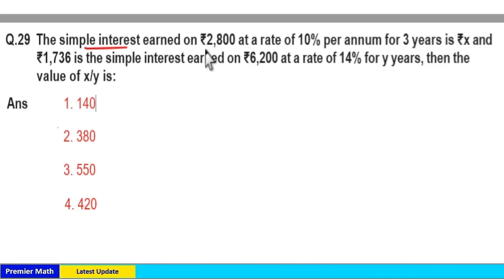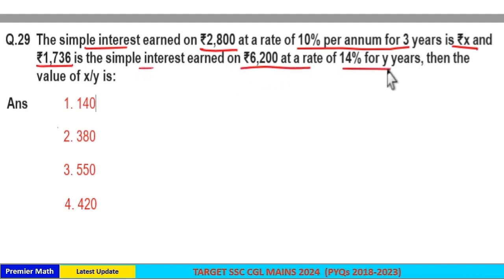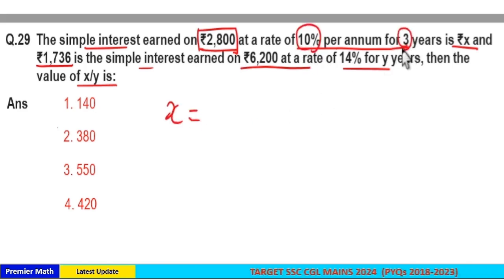The simple interest on rupees 2,800 at a rate of 10% per annum for 3 years is rupees x. Then 1,736 is the simple interest on rupees 6,200 at a rate of 14% for y years. Then the value of x by y is. Here x is the simple interest on principal 2,800. So x is equal to, for 1 year rate is 10%, and for 3 years rate is 3 into 10, 30%.